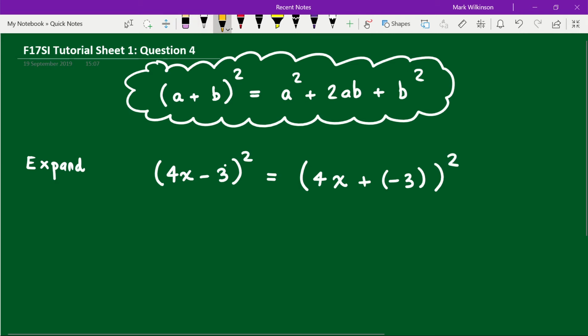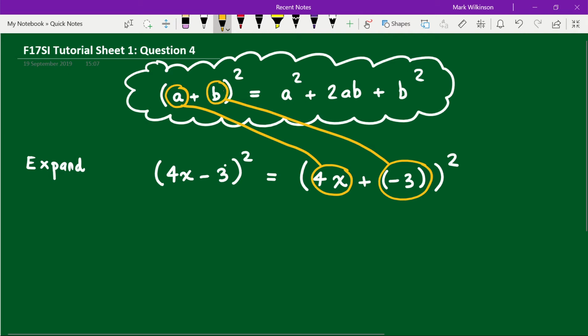And it's at this point we can notice a very similar shape in the term we've been given to expand compared with the identity with which we began. Now I would say here 4x can be symbolically represented by the a, and the negative 3 can be symbolically represented by our b. Right?